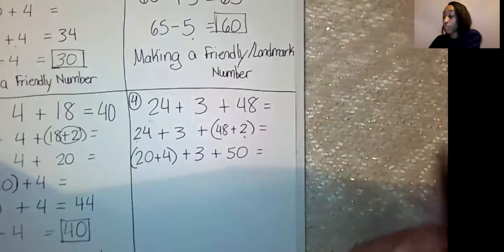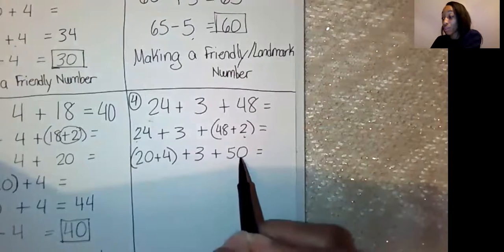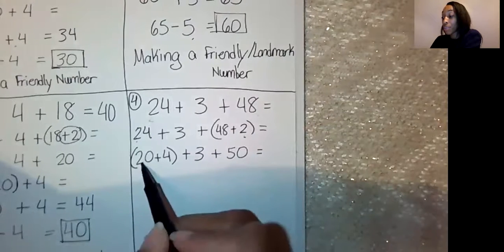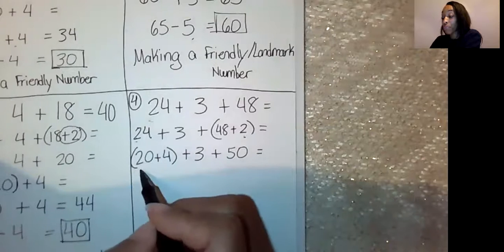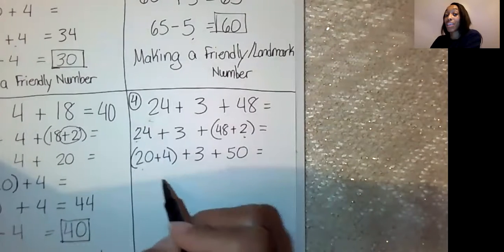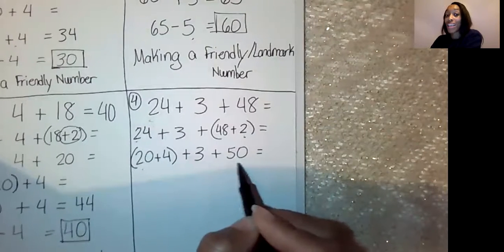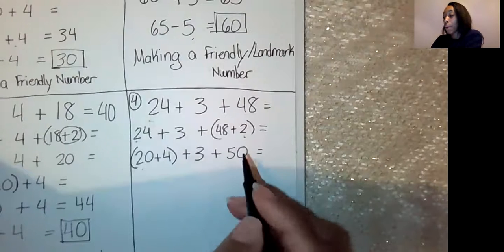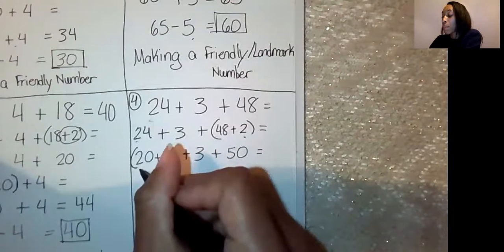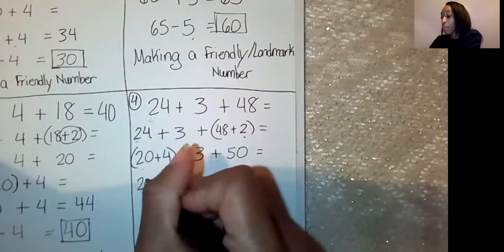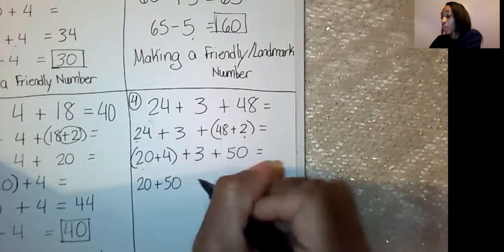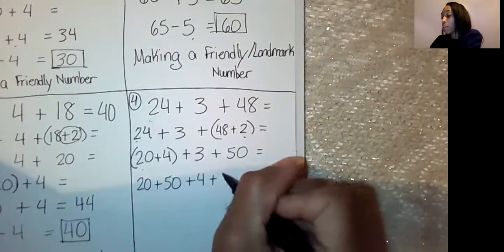Okay. So now I have 2 numbers that look alike. Because I broke apart that number, it helps me see that I have 10s here that I can combine with those 10s and that landmark number that I made. So I'm going to combine 20 and 50 plus 4 plus 3.